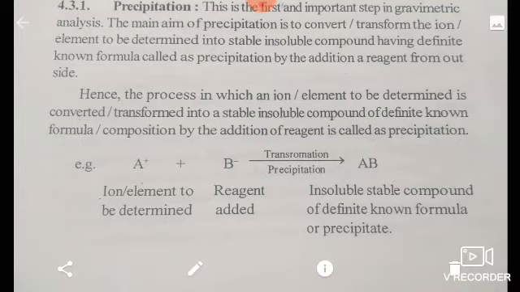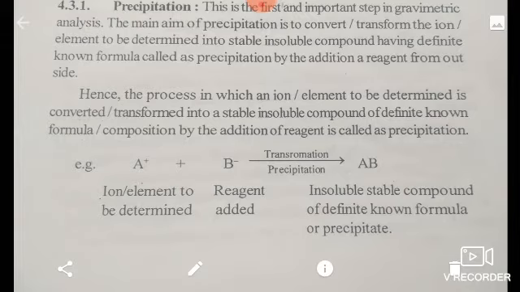The first step is the precipitation step. The important part of that precipitation is to convert the given element or ion which we have to determine into an element or compound with a definite known formula, in a weighable form.